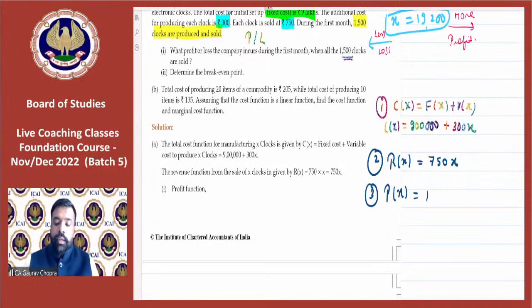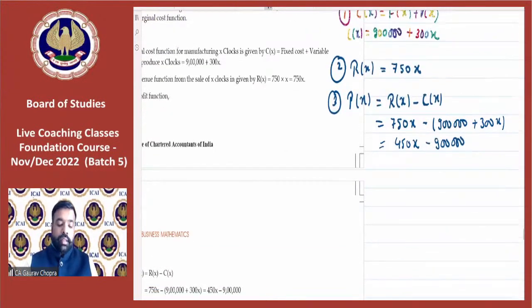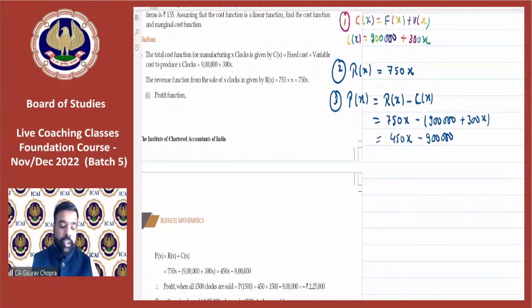Profit will be revenue minus cost. So 750x minus the cost, 9 lakh plus 300x. Now we can subtract and get the result. So 450x minus 9 lakh. This becomes the profit function.